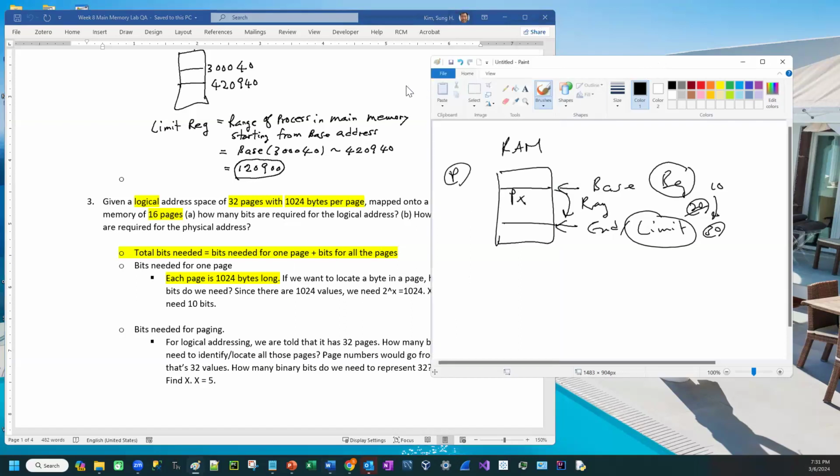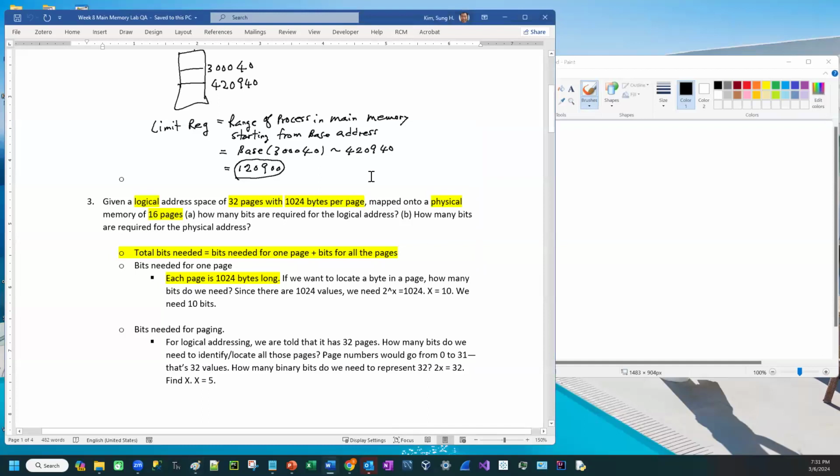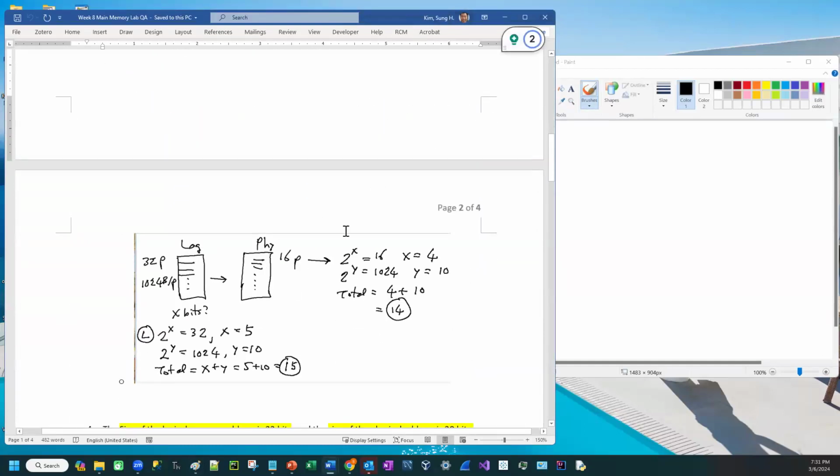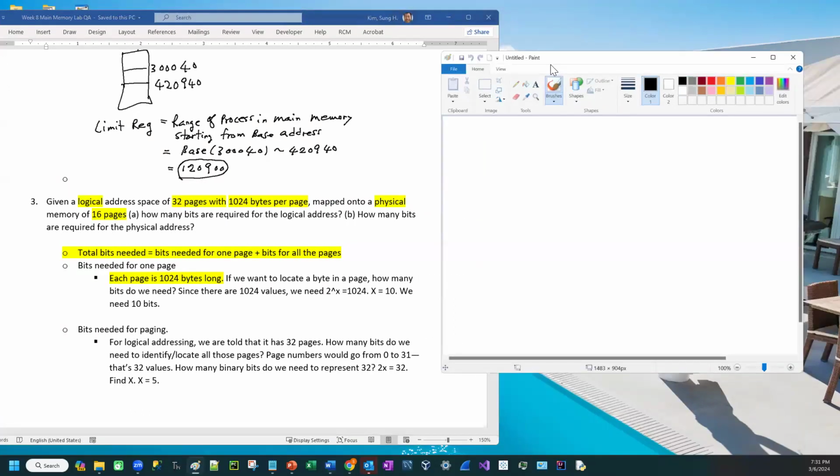Here's a little more involved question. Let's start a new one. We have a logical address space of 32 pages, and one page is equal to 1024 bytes.